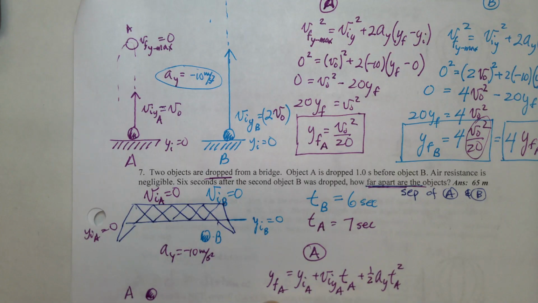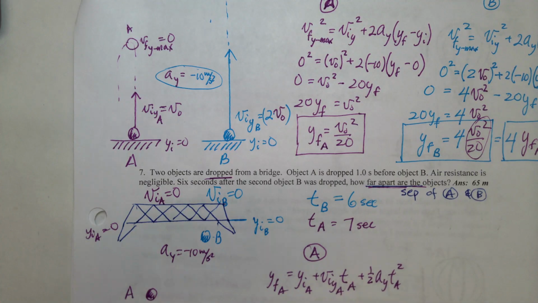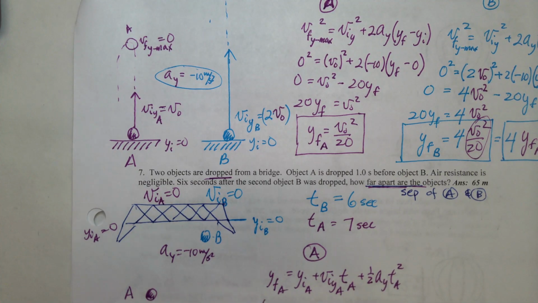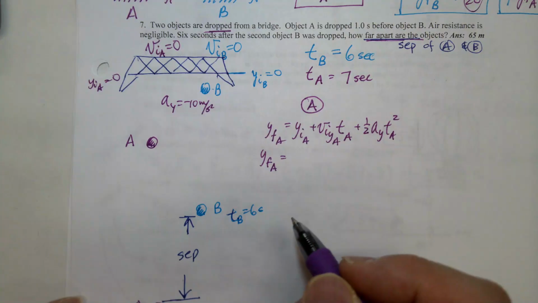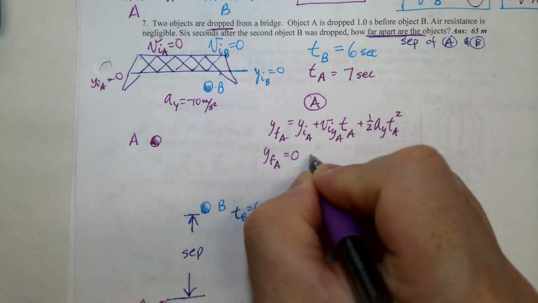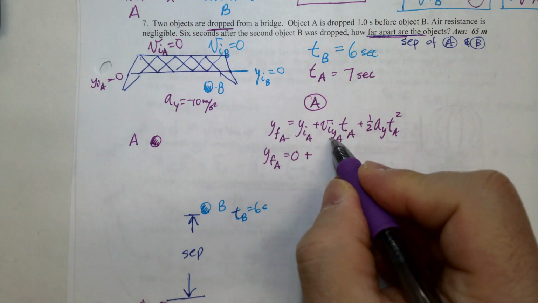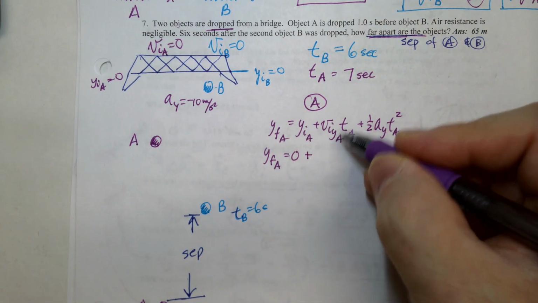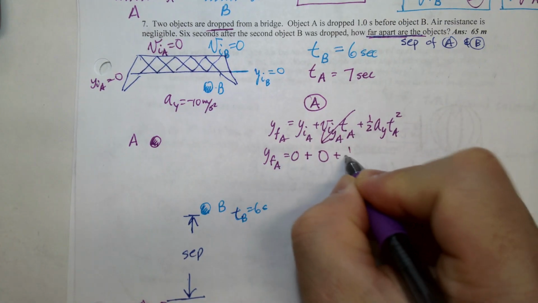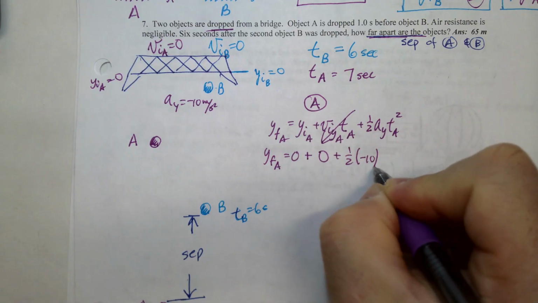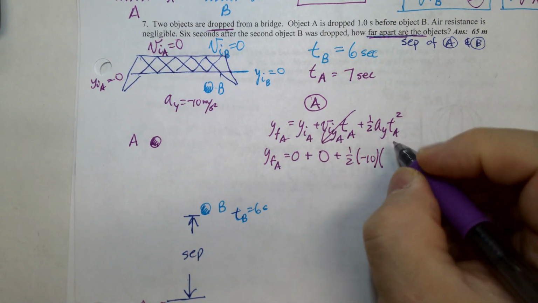Well, I want to know how far this thing falls in 7 seconds. Therefore, my y final for ball A is equal to the initial position, which we made 0, so 0 plus the initial velocity for y for ball A, which is also 0 because we dropped it, plus 1/2 times -10 times t A, which is 7 seconds.